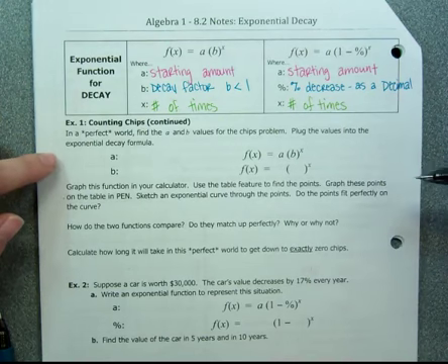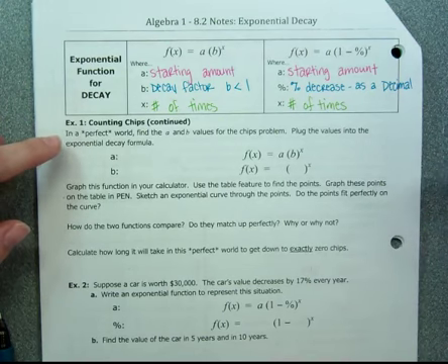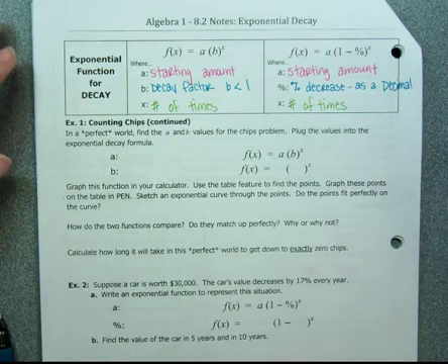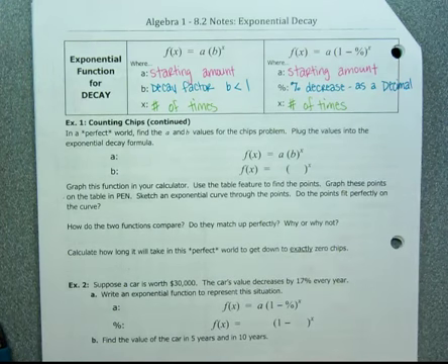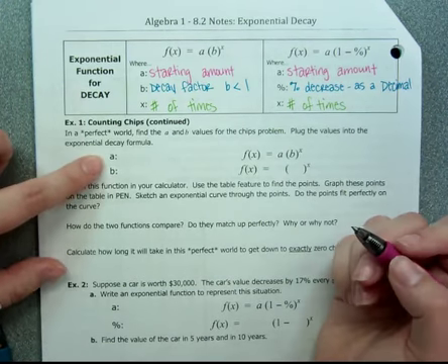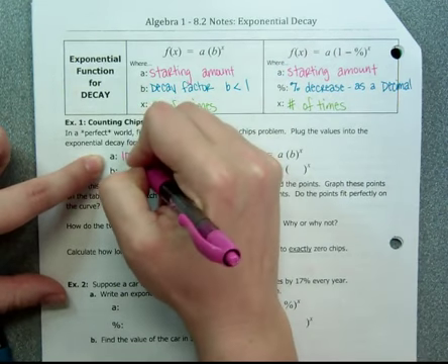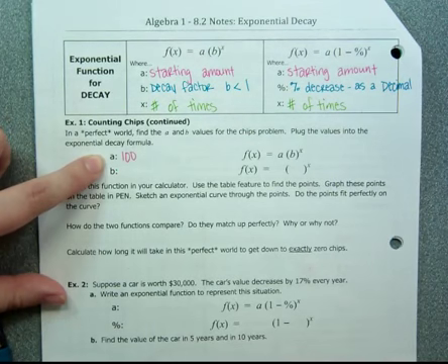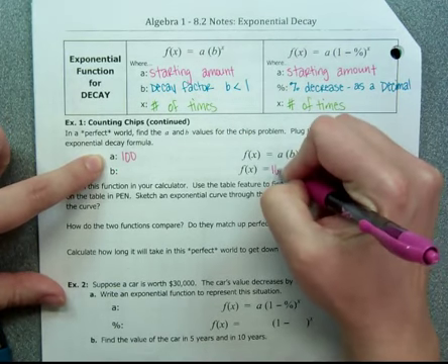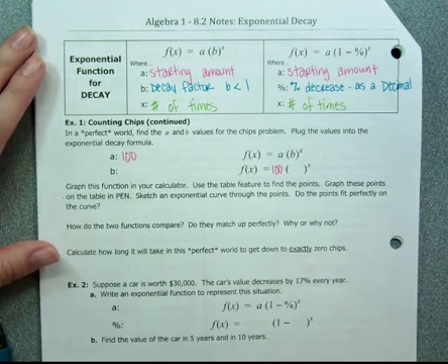So, in a perfect world, if we go back and do that last situation, find the A and B values for the chips problem. A is our starting amount. How many did we start out with? 100. So 100 also goes over in our formula there.